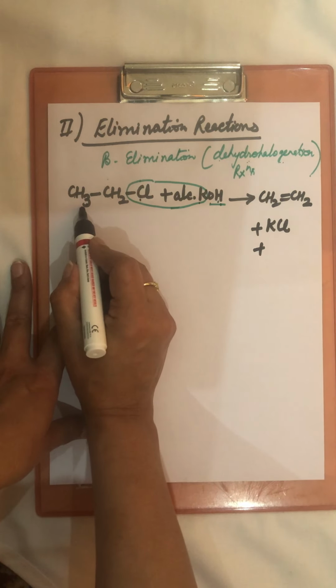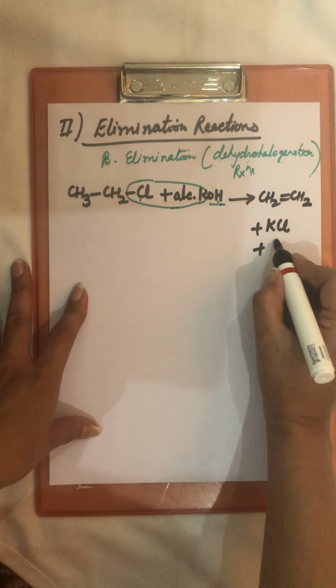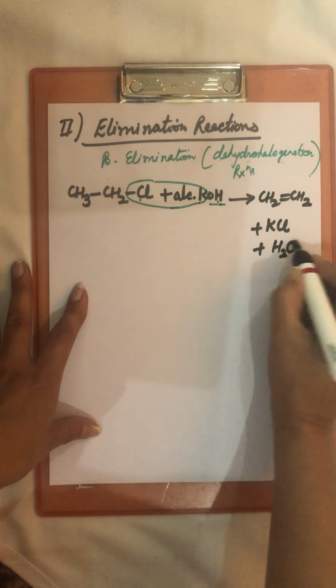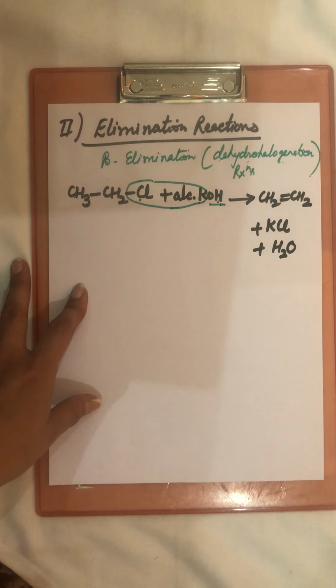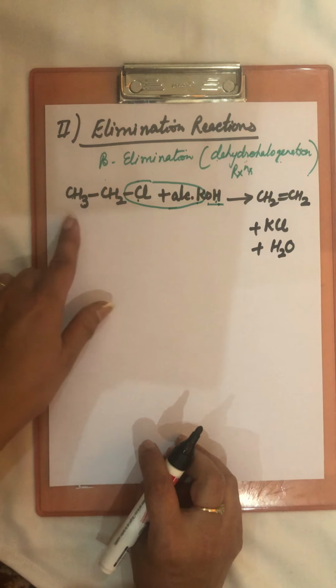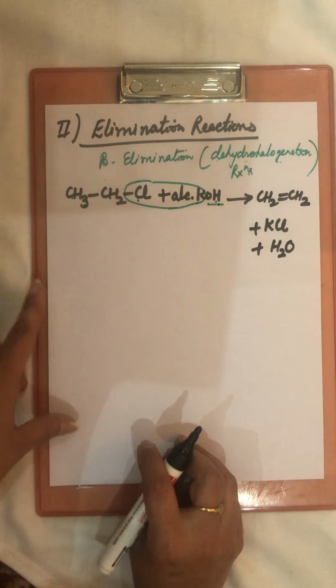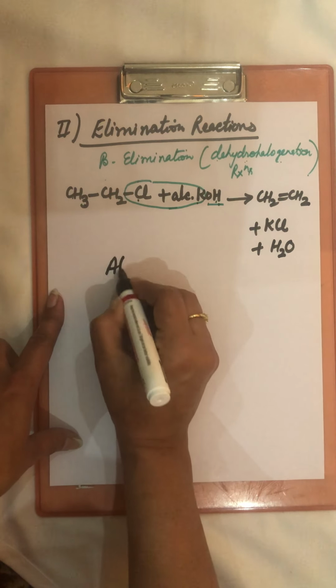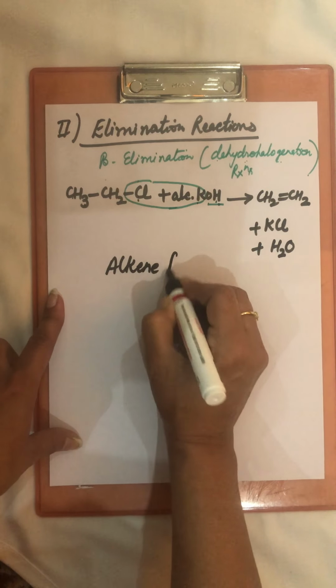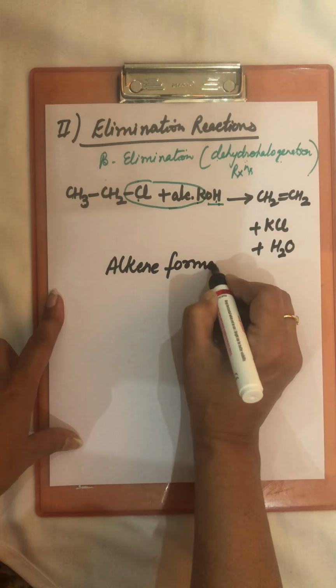And that H that comes out from here combines with this OH to form water. That means when we are doing elimination reactions of haloalkanes, the product formed is an alkene. So in these reactions, alkene formation takes place.